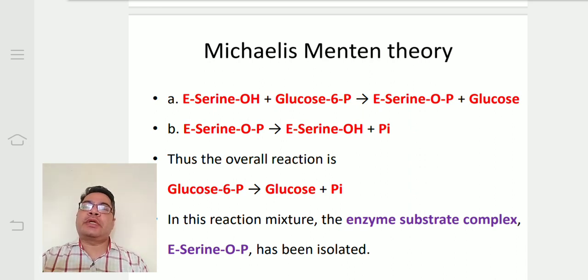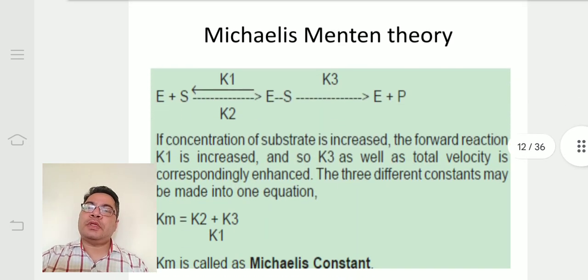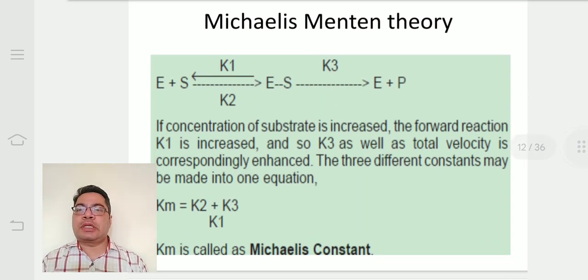Thus, three constants may be made into one. Km is equal to K2 plus K3 upon K1, where Km is called the Michaelis constant. It has been further shown that velocity is equal to Vmax S divided by Km plus S.